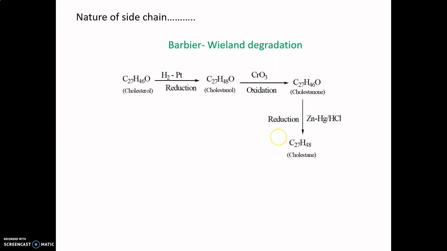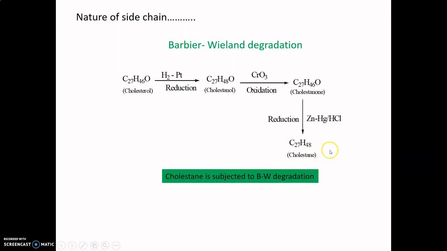In order to carry out the Barbier-Wieland degradation, first we have to convert our cholesterol to cholestane. We have already done this earlier: reducing cholesterol to cholestanol, oxidizing that to cholestanone, and then reducing it to cholestane. Now you get a hydrocarbon C27H48. This is then subjected to Barbier-Wieland degradation.